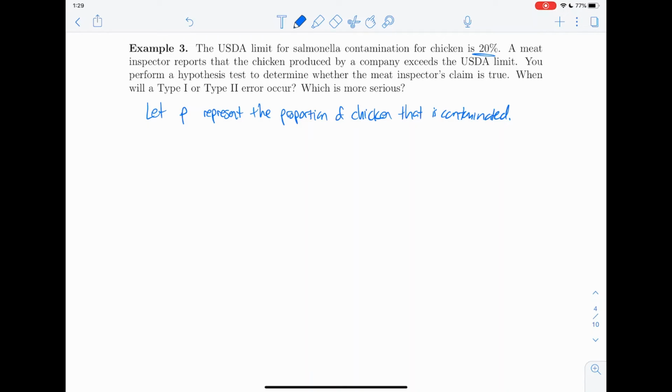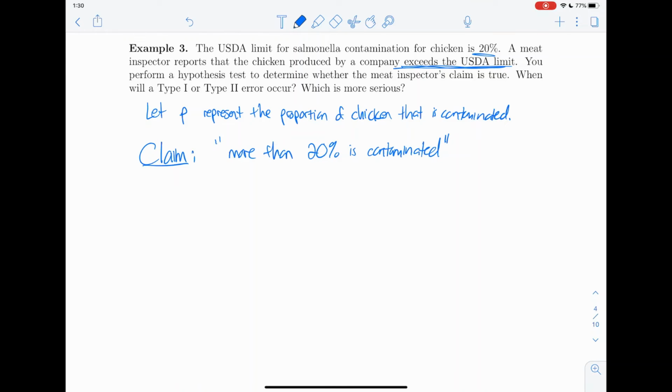Let's continue reading. A meat inspector reports that the chicken produced by a given company exceeds the USDA limit. So the claim is that P, the proportion of chicken that is contaminated made by this company, is more than 20% contaminated.